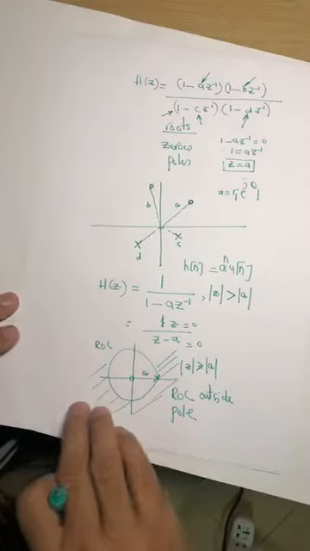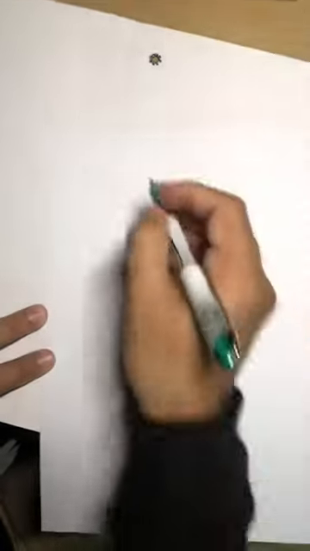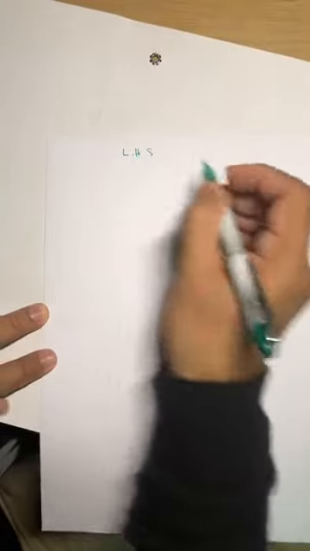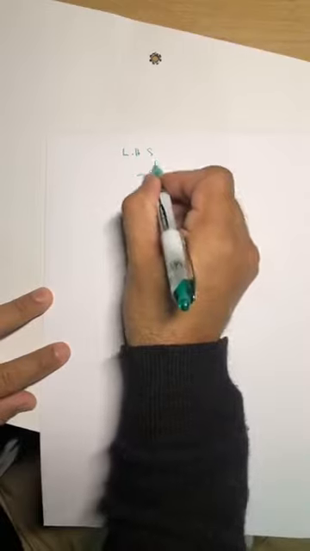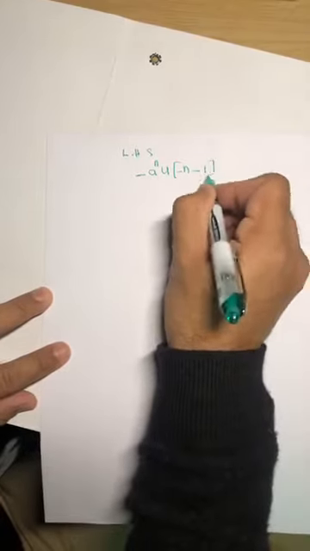So for a left-hand side sequence, like minus a to the n, u of minus n minus 1.